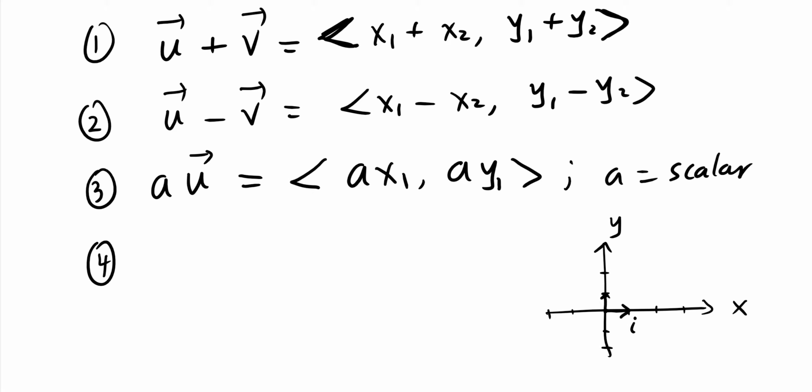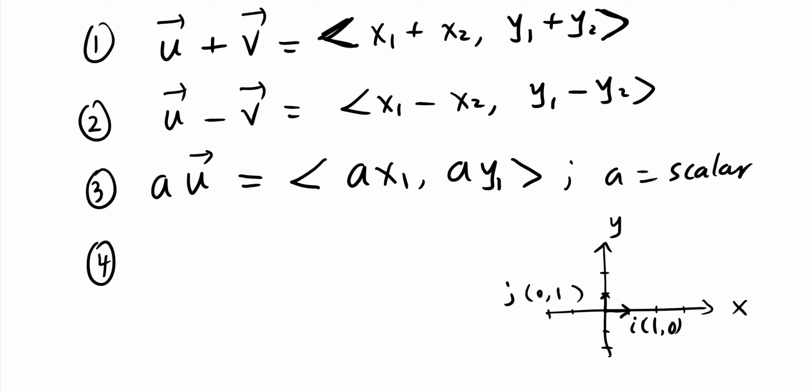I'm going to call this one i and this one j. So this is 1 comma 0, this is 0 comma 1. Any given vector can be written in terms of these unit vectors, as we call them, because their magnitude is 1.